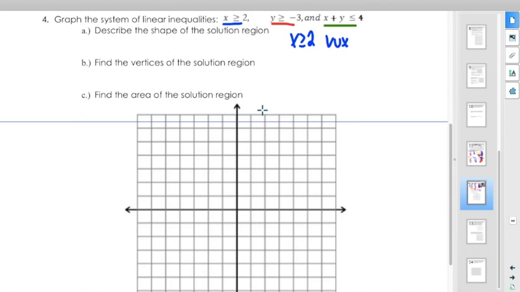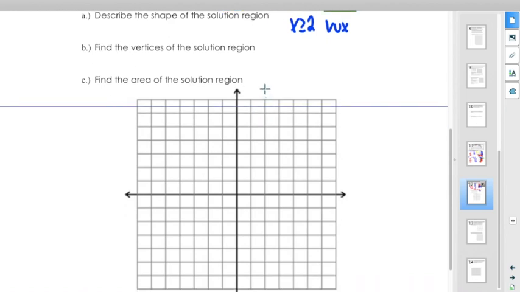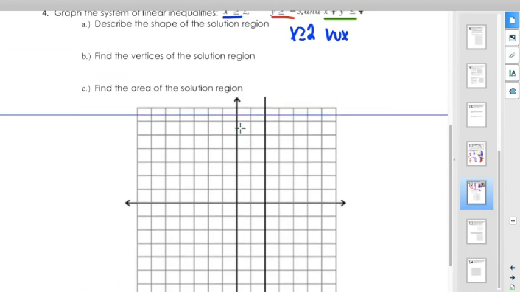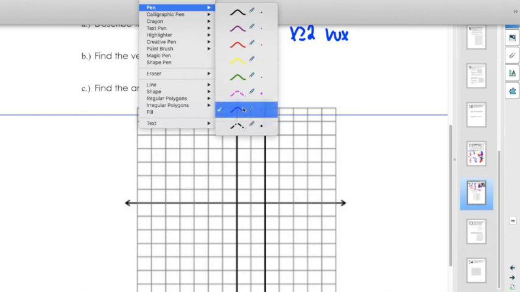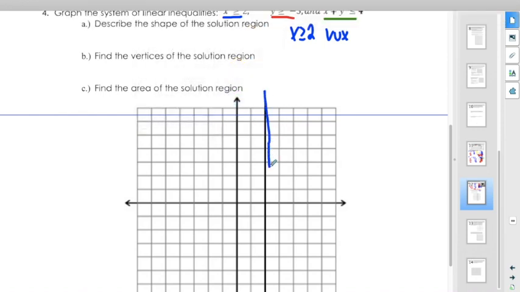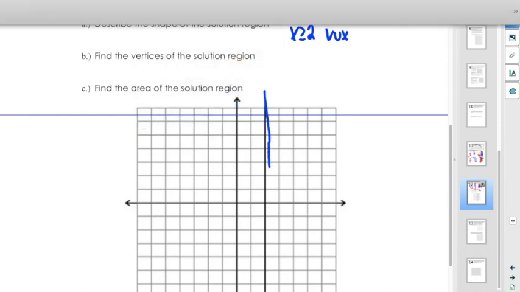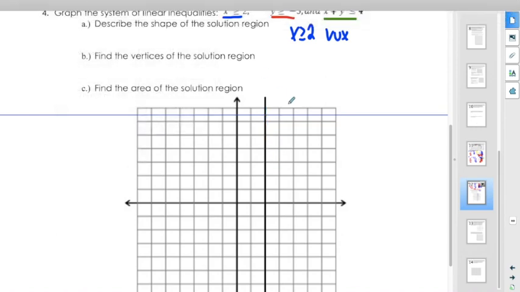At positive 2, I'm going to get a vertical line, so that's going to be here. Okay. We'll just write x is greater than or equal to 2 there.